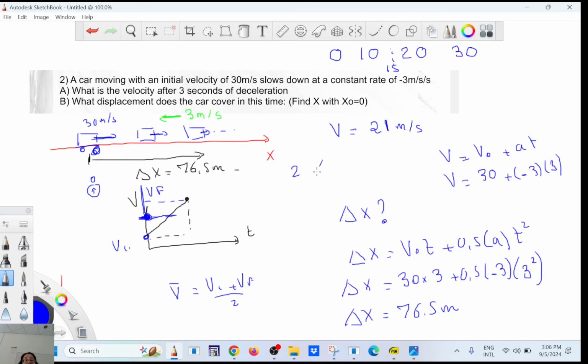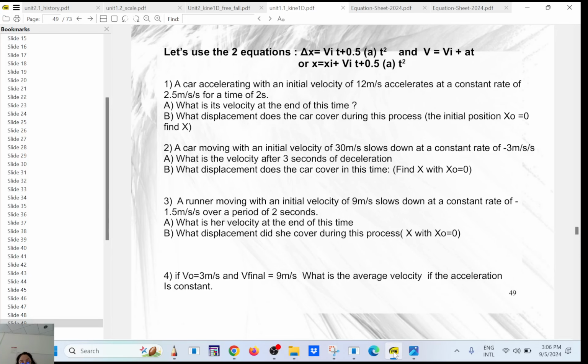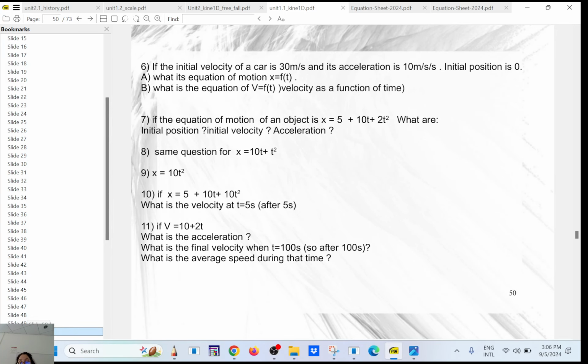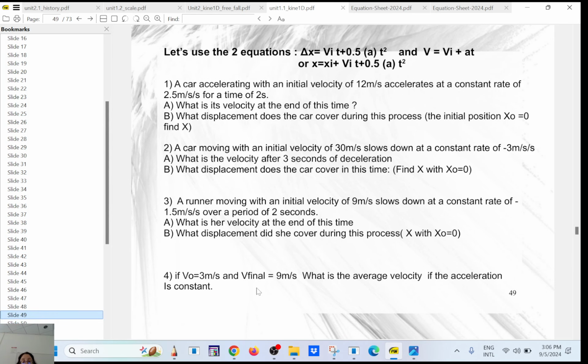If you do 2, 4, 6, 8, and 10, it increased by 2. How much is 2 plus 10? 12 divided by 2, so it's 6. Okay? What's the answer for that? So the answer is 6.